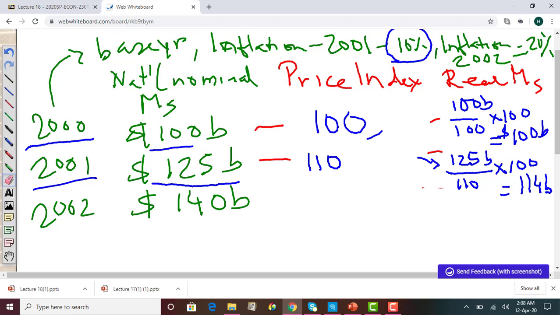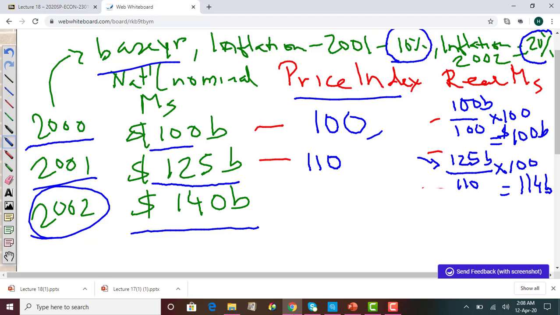Now we look into 2002. We know the nominal money supply is 140 billion, and we also said that compared to the base year, inflation has gone up by 20%. So first we calculate the price index. We know it's 100 plus inflation, so 100 plus 20 is 120.